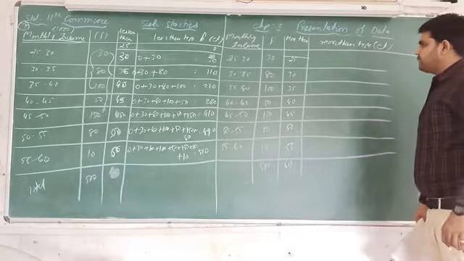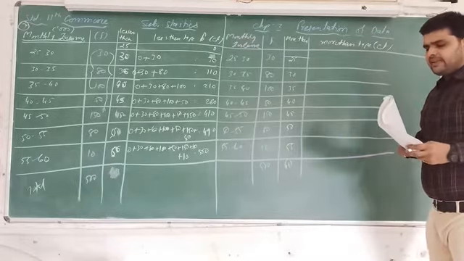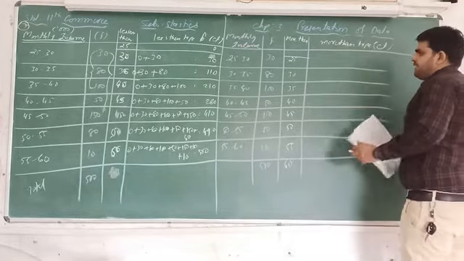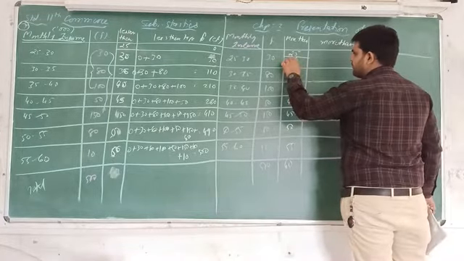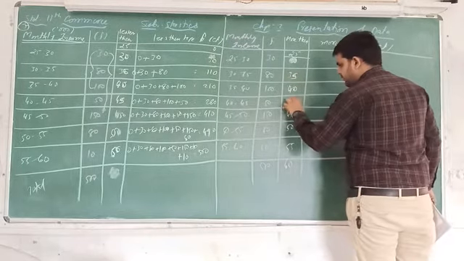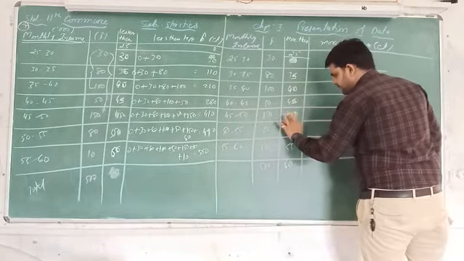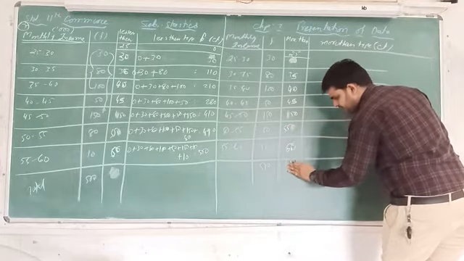So here again we write 25, 30, 35, 40, 45, 50, then 55, 60.